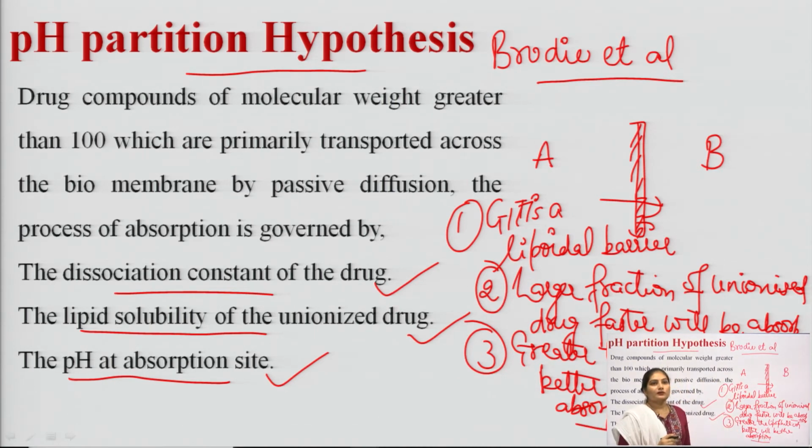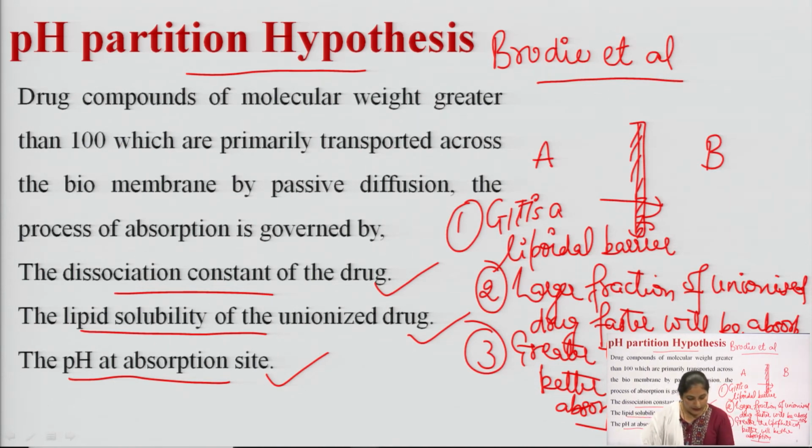So, this hypothesis is based on three assumptions. First, the GIT is a lipoidal barrier. Second, the larger the fraction of unionized drug, the faster the absorption, and third, the greater the lipophilicity, the better the absorption.